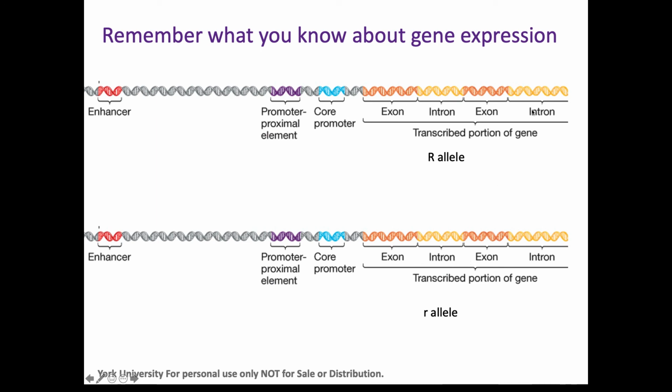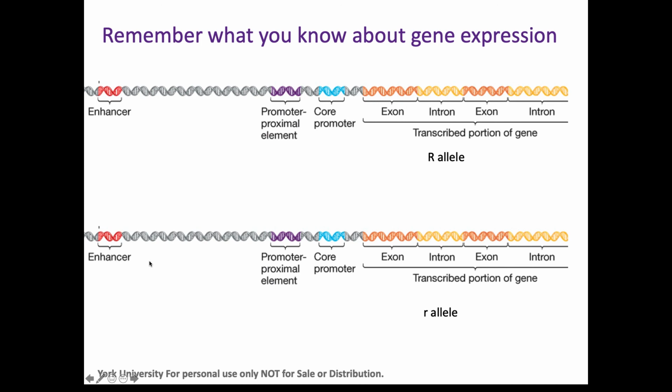This means that the rest of the gene is the same, and that includes promoter regions, promoter proximal elements, enhancers. In other words, the regulatory parts of the gene are the same. So if the transcription factors for this gene are present in the peas in early development, they should be able to turn on both genes, right? Because the regulatory regions of both genes are the same.